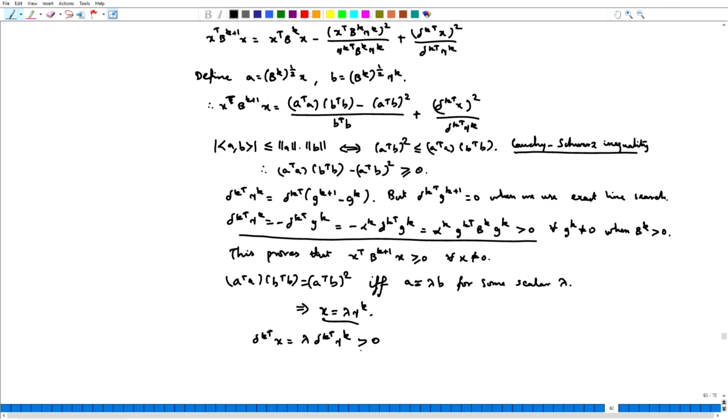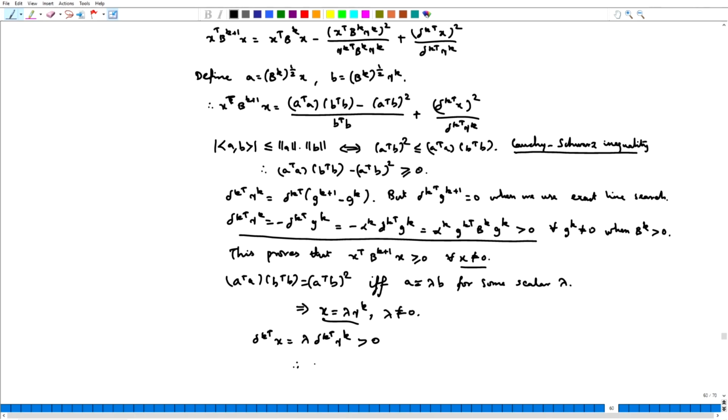So, this is greater than 0, at least when lambda is non-zero. If lambda is 0 then x is 0, but we are only considering x not equal to 0, so lambda is not equal to 0, and delta_k transpose x is positive. So, it never happens that both of them are 0 together.